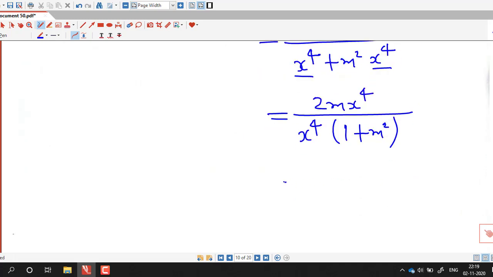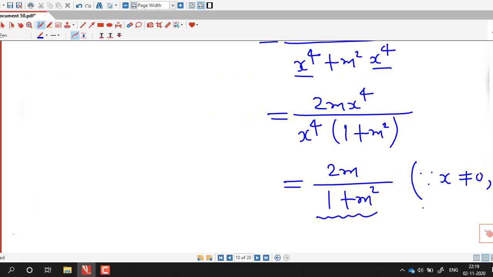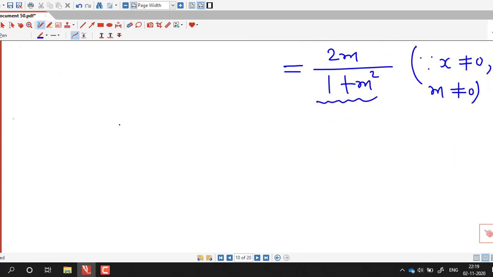Because x is non-zero, we can cancel out x raised to 4, and this limit is also non-zero because m is non-zero. So function is 2m upon 1 plus m square along all the parabolas passing through origin.